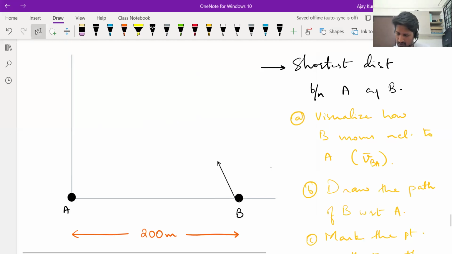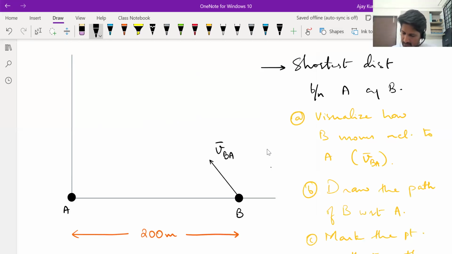So maybe somewhat like this. This is how B appears to move as seen by A. And we got this angle 45 degrees from the relative velocity, minus 10 i cap plus 10 j cap.